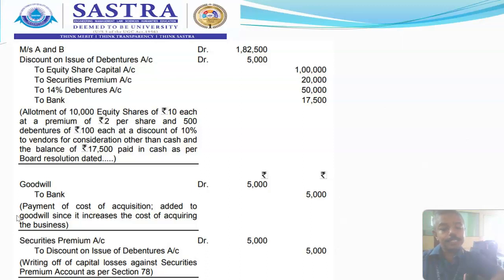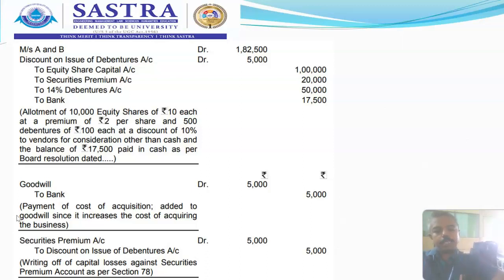It's called adjustment entry. So here what we can do is securities premium account debited rupees 5,000 to discount on issue of debentures account rupees 5,000, which means the discount on issue of debenture is there in the debit side, 5,000 rupees, that we are going to write off by using the securities premium account.